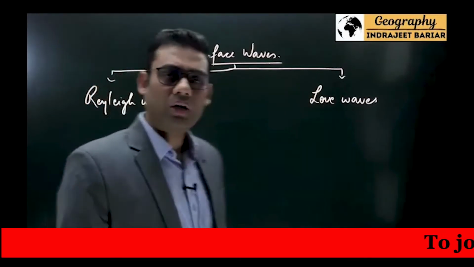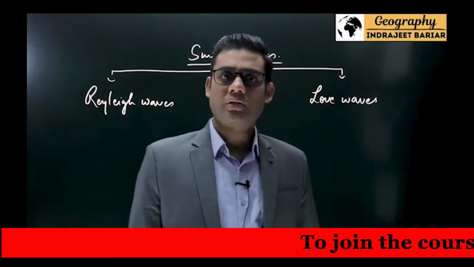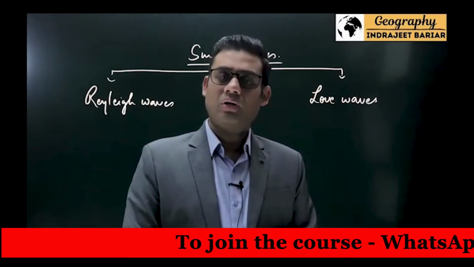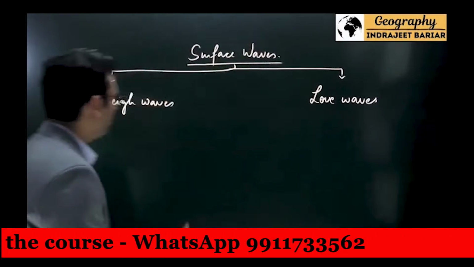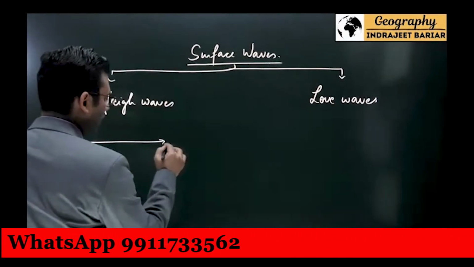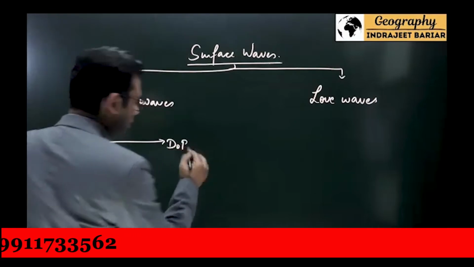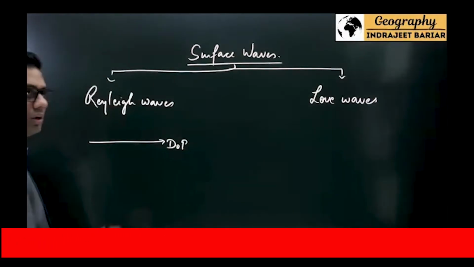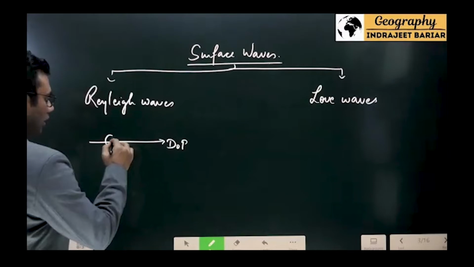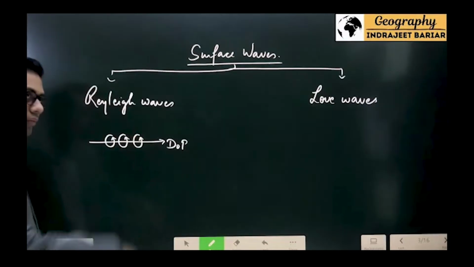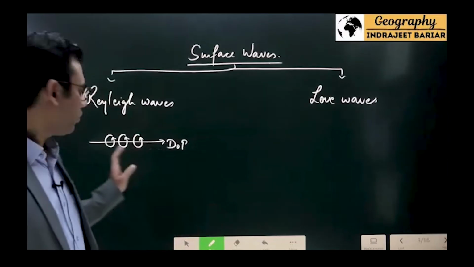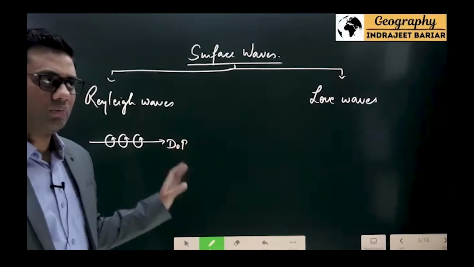Here again, the difference lies with respect to the direction of vibration. How is the direction of vibration? Rayleigh waves, in this case, if the direction of propagation is like this, the particles over here vibrate in this pattern, which is perpendicular to the direction of propagation.